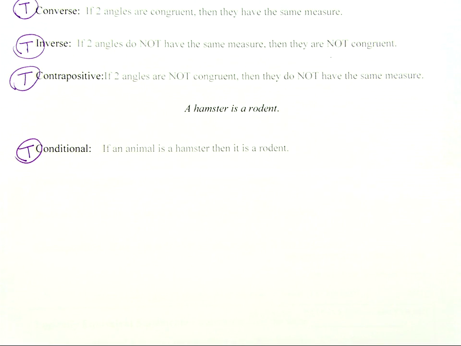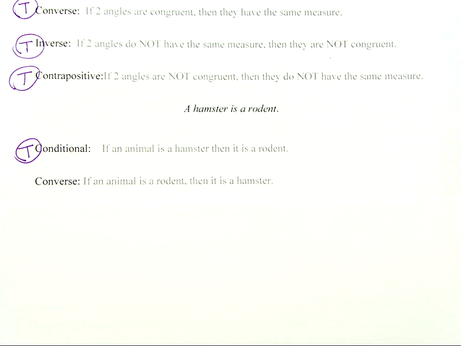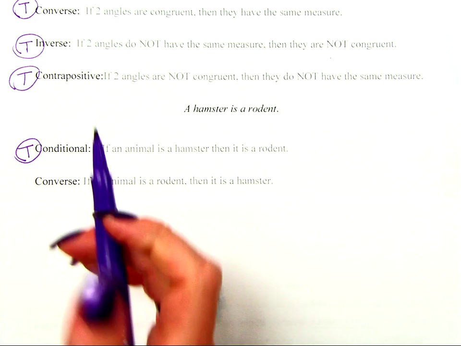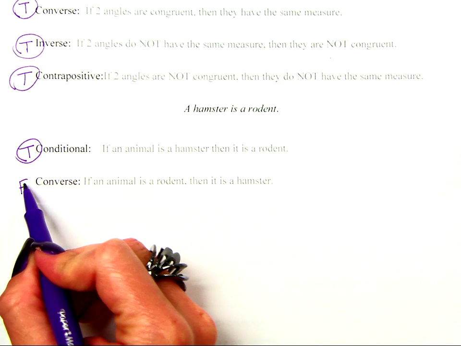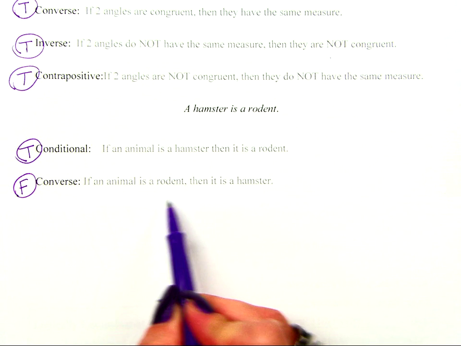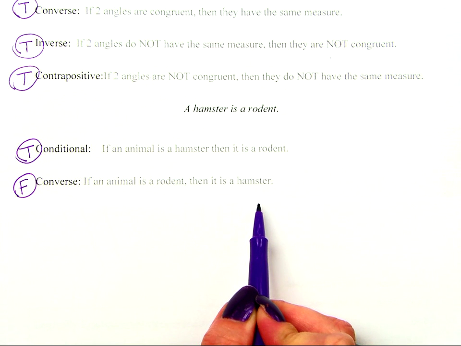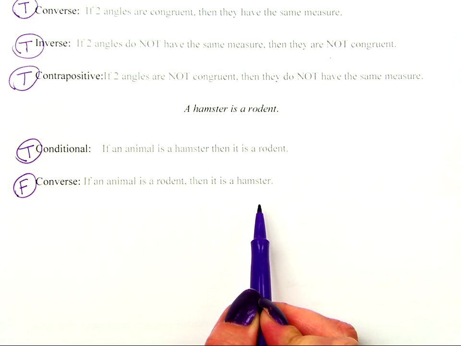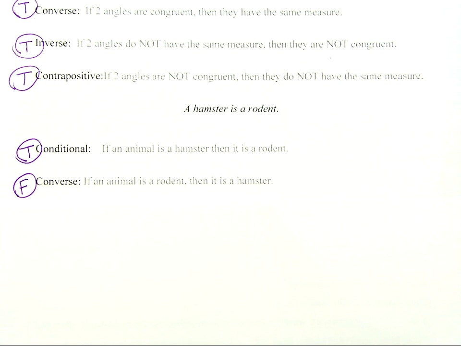What about the converse if we switch it around? If an animal is a rodent, then it is a hamster. In this case, my converse of that statement is going to be false because this says if it's a rodent, it has to be a hamster. And we know that mice are also rodents, so that's not necessarily 100% of the time true.